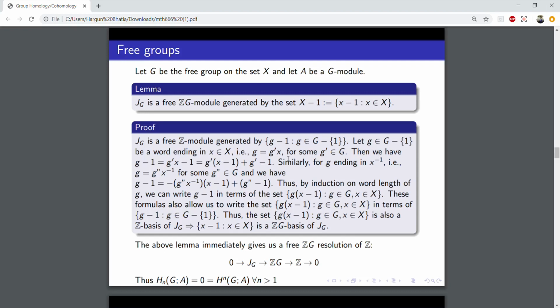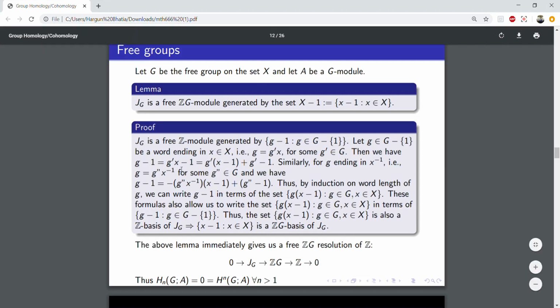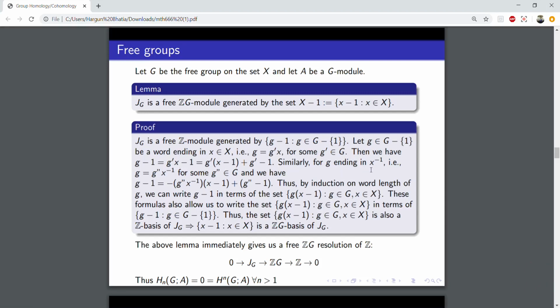Then g minus 1 is g prime x minus 1, but notice that this is equal to g prime times (x minus 1) plus (g prime minus 1). So this identity holds. Similarly, if g ends in x inverse, like g double prime x inverse, then the corresponding identity holds here for g minus 1.